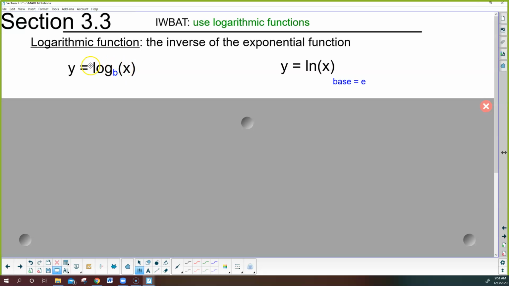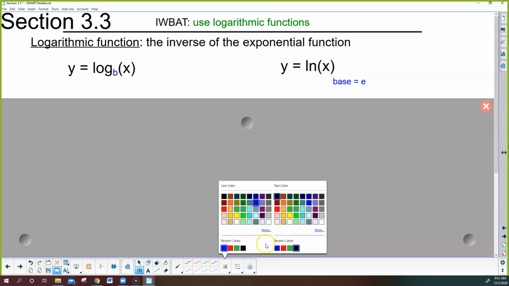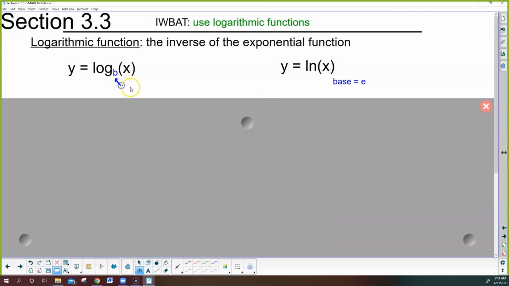Log is a function, kind of like a sine or a cosine. You've got to be careful because it's not set up the same way, but it is an operation that our calculator will do for us. And it's important to note that the number right here, that blue b, is considered the base of the function.